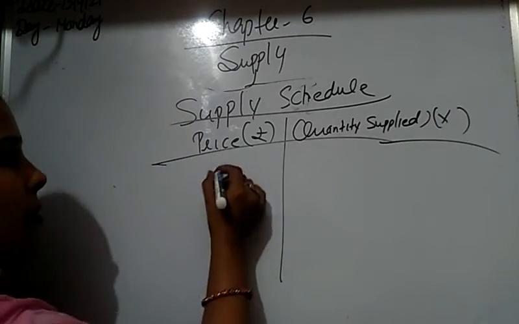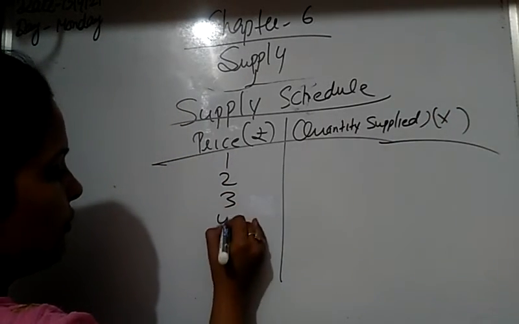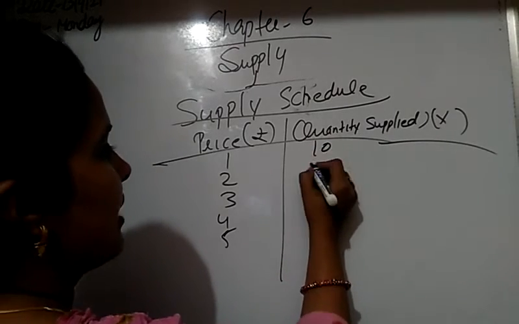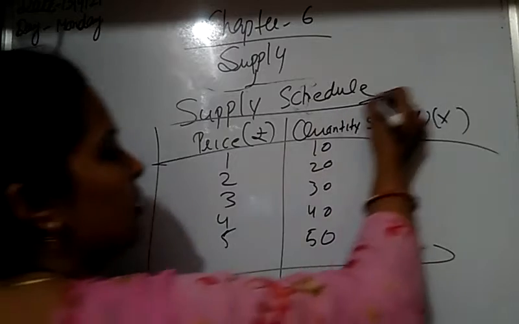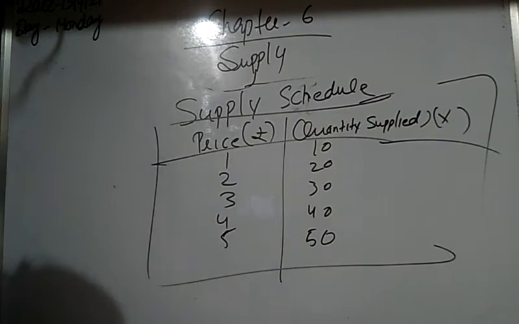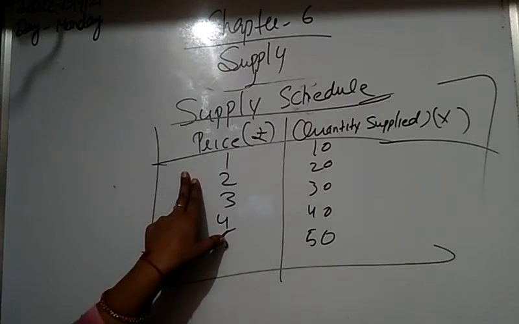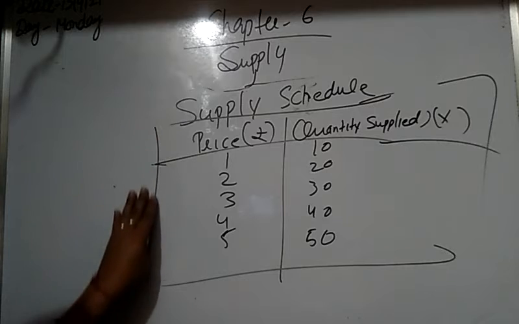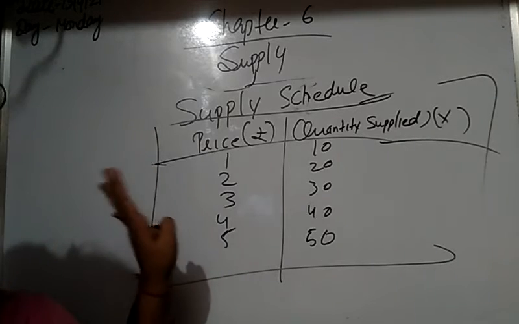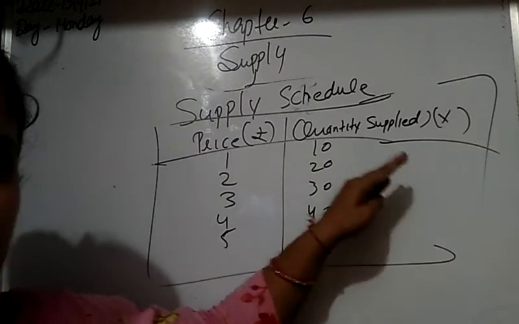Price increases 1, 2, 3, 4, 5. Supply also increases 10, 20, 30, 40, 50. So this table shows a positive relationship between supply and price. So when the price of a commodity and the quantity supplied of that commodity is represented through a table, we call that a supply schedule.